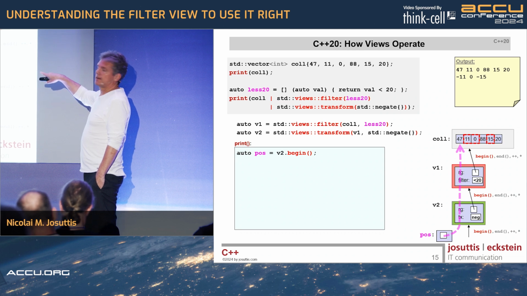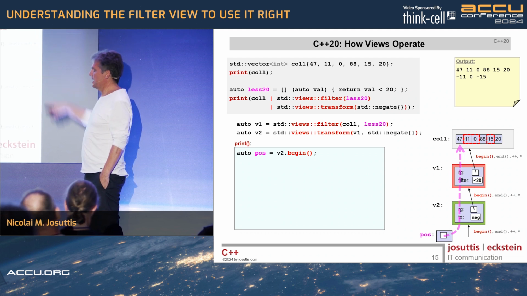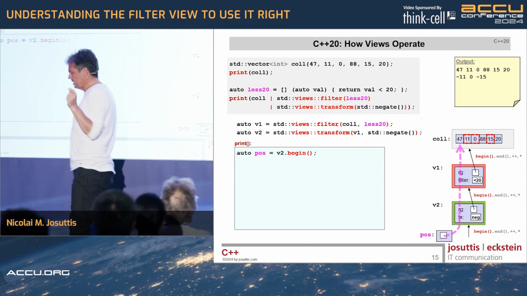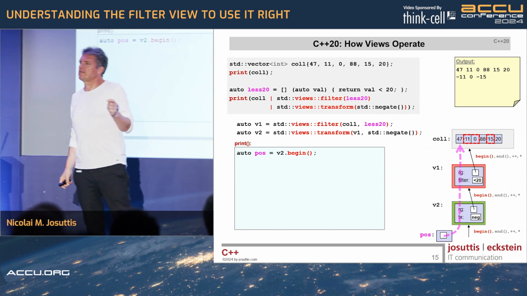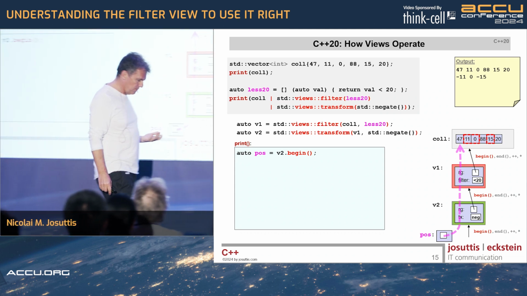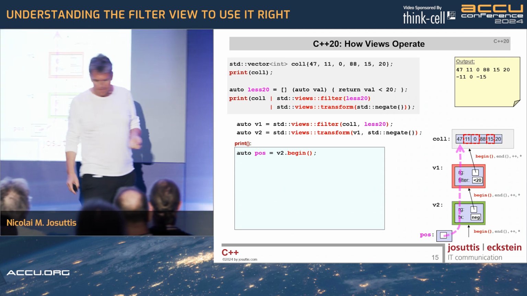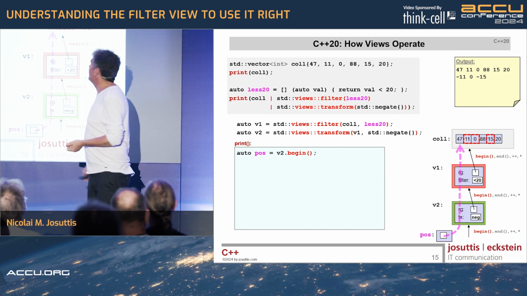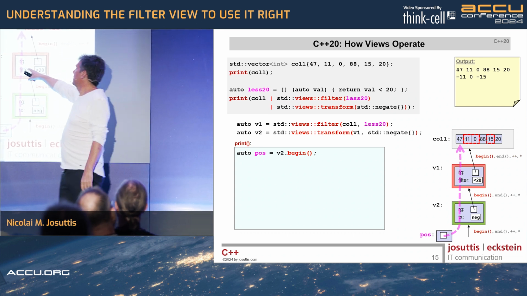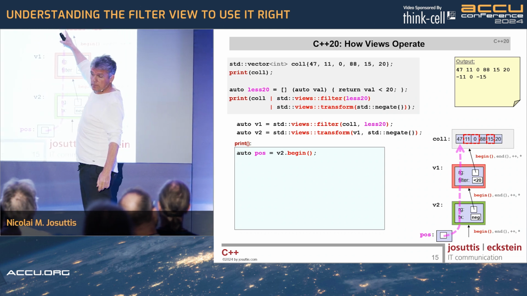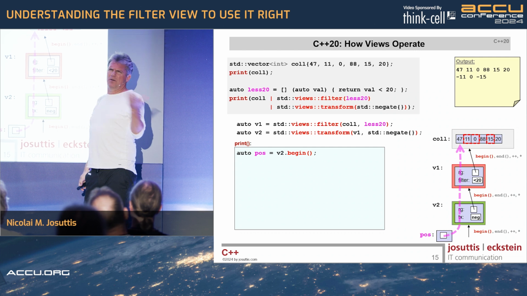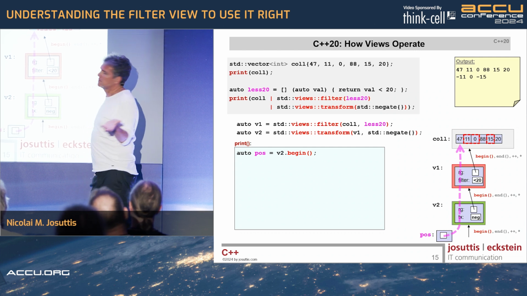So the filter gets it. The filter has the task to give back the first element that is less than 20. To decide whether it's okay to let this element through, the position of this element, it has to look at the value. That means the filter will call star for that, look at the value and then say, oh, no, that's not less than 20.